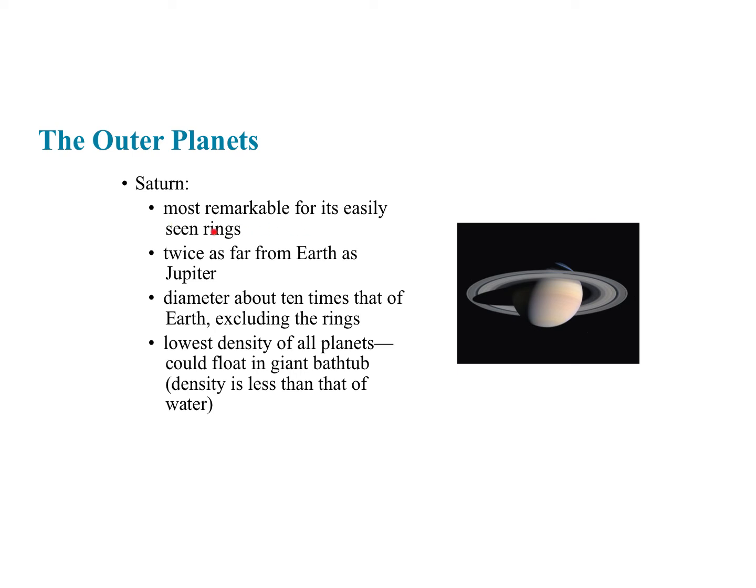And so it's twice as far away from the Earth as Jupiter, so it's much farther out from the Sun as well. Its diameter is about 10 times the diameter of the Earth. That's excluding the rings. And it's also the lowest density of all the planets. If you had like a solar system-sized bathtub, Saturn would actually float in the water because it's less dense than water.